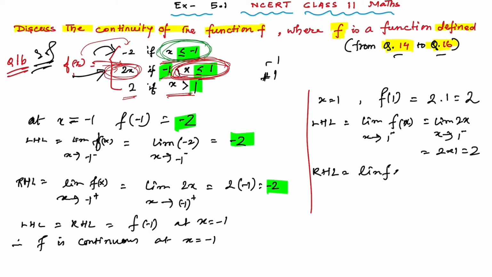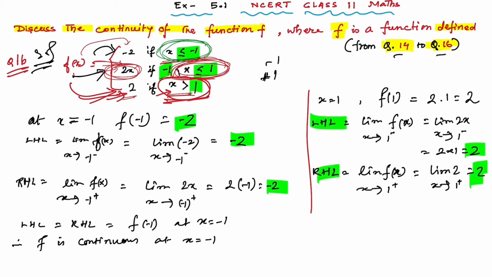Now let's find the right hand limit, limit of f of x as x tends to 1 positive. For x greater than 1, f of x is 2, so the limit is 2. So here also you can see clearly left hand limit and right hand limit are both equal.